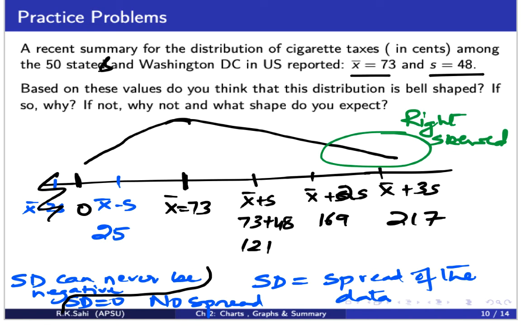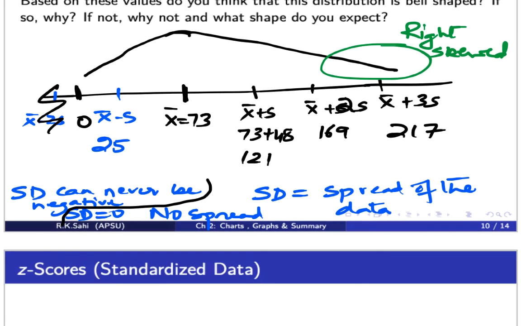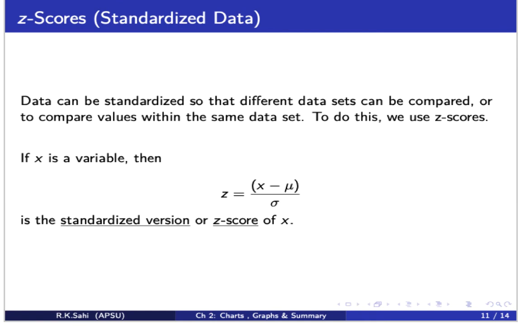Now let's talk about z-scores. Sometimes we would like to make a comparison between different scenarios, different data sets.